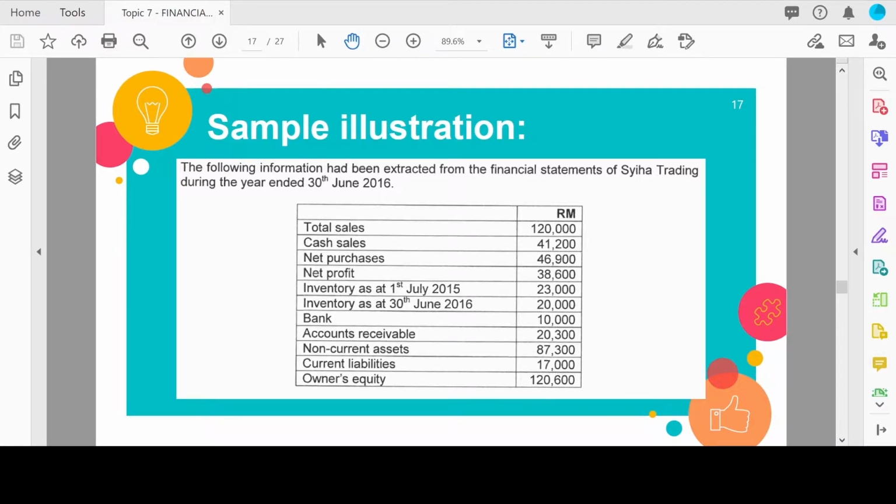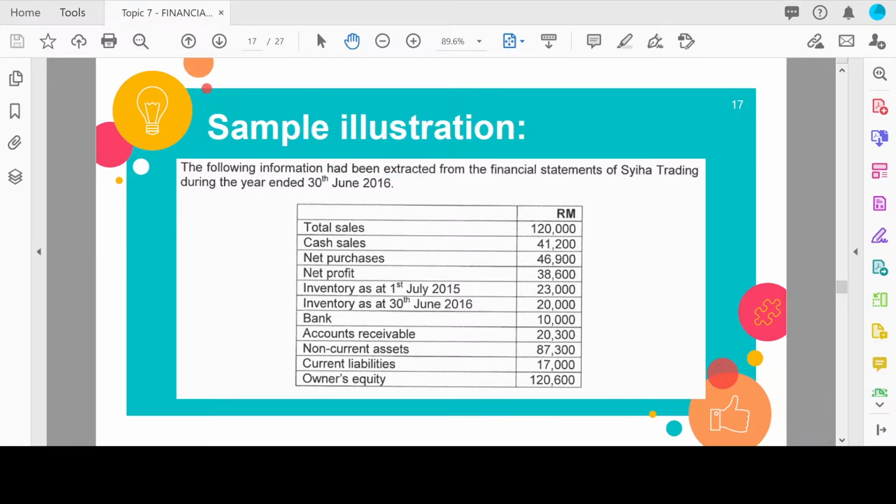So we have here total sales, cash sales, net purchases, net profit, inventory at the beginning of the year, inventory at the end of the year, bank, accounts receivable, non-current asset, current liabilities, and owner's equity. If you see here, these items are only extracted from the statement of profit or loss and statement of financial position.